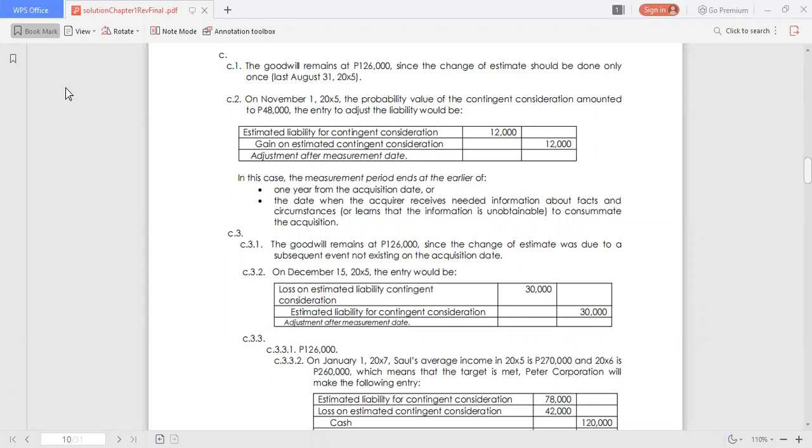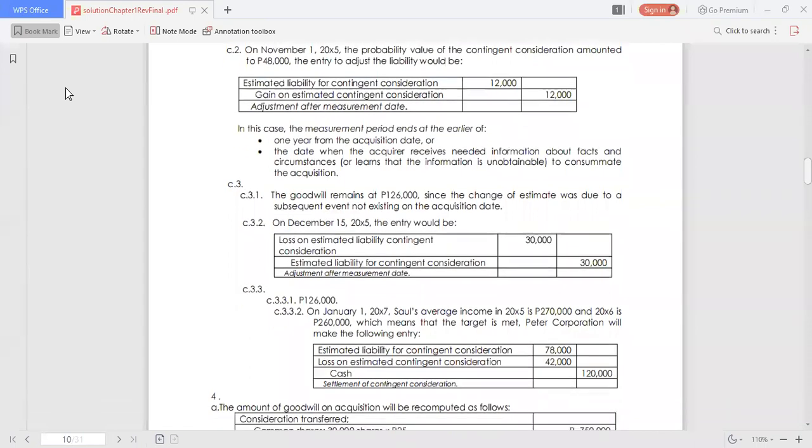We now debit loss and credit estimated liability. And January 1, 20x7, the average income is 270,000 and 20x6 is 260,000. We now debit estimated liability 78,000, debit loss, and credit cash for 120,000.